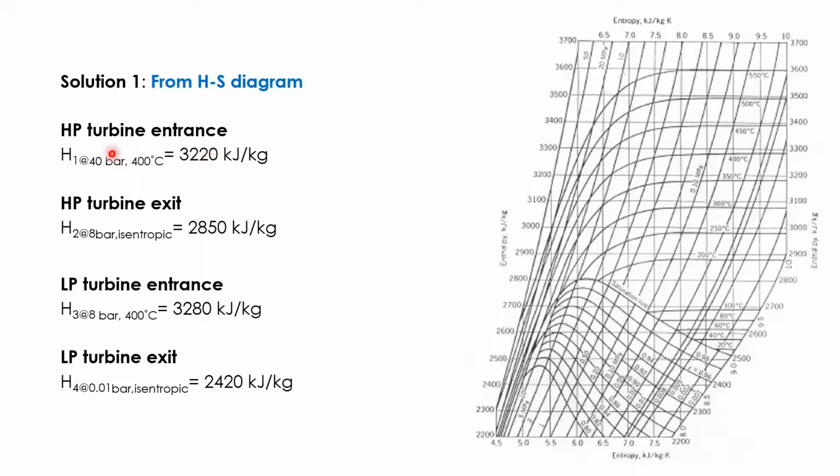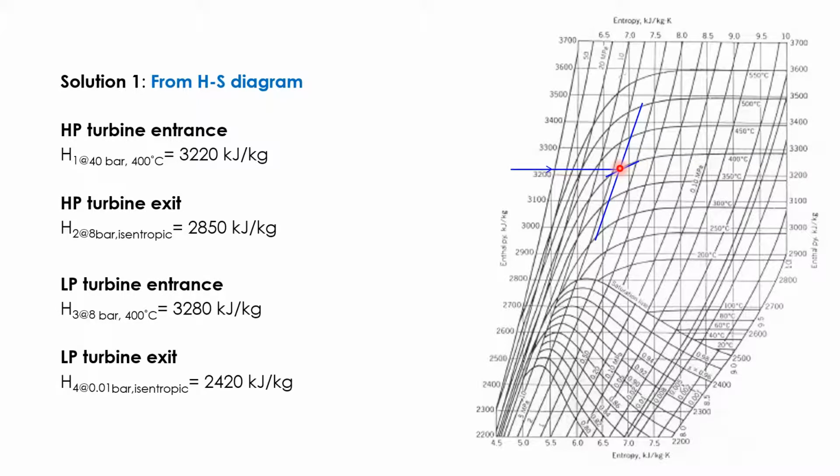So we know that the high pressure turbine entrance is at 40 bar and 400 degrees Celsius. As you can see here, this is 400 degrees Celsius and at around 40 bar, so slightly less than 5 megapascals here. This is the point of entrance of the high pressure steam.